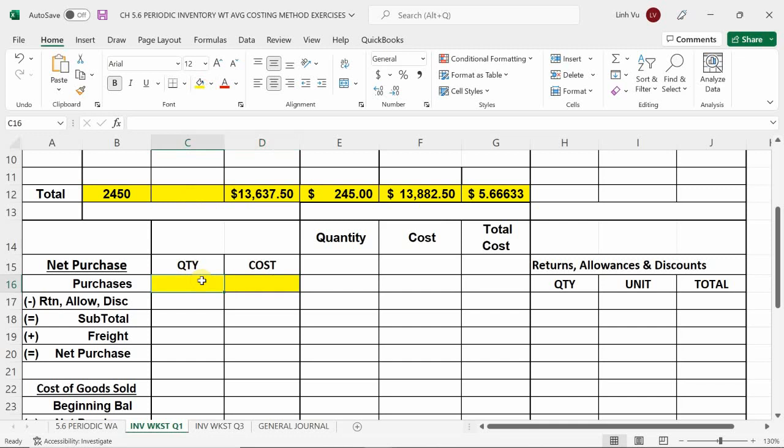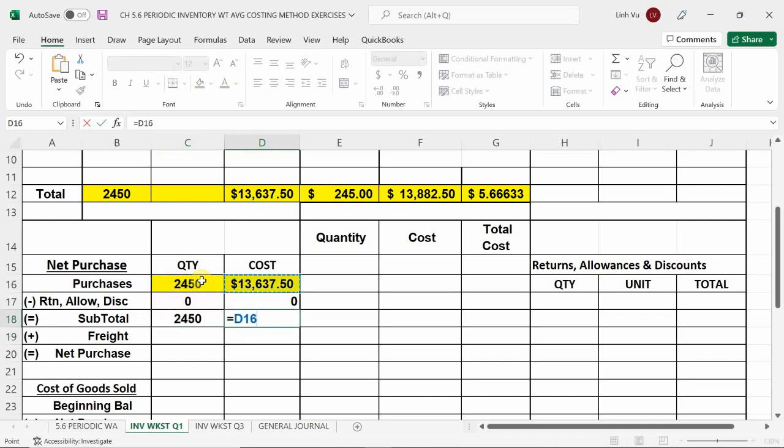So in this case, we have a total of 2,450 units at 13,637. We are assuming we have no returns and allowances, so this should stay the same. Freight adds nothing to the quantity, but it adds to the cost.